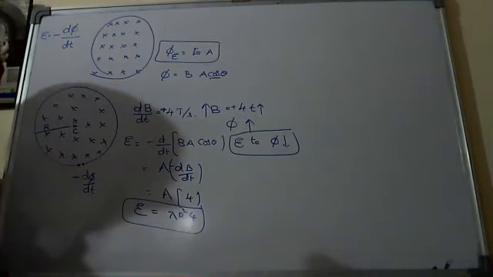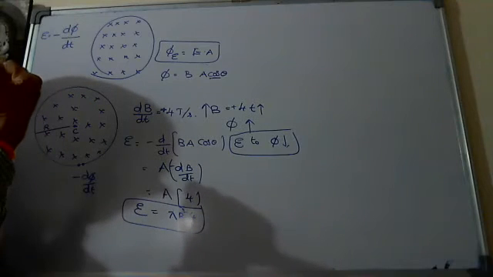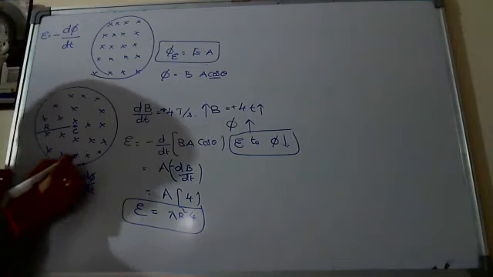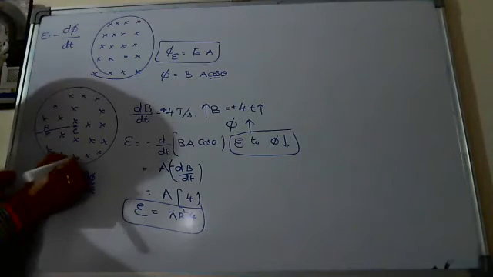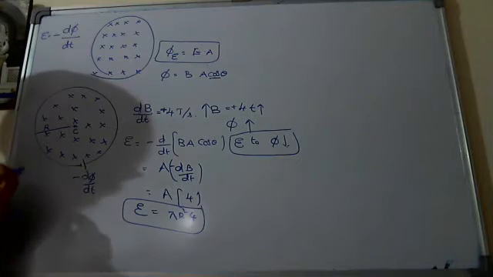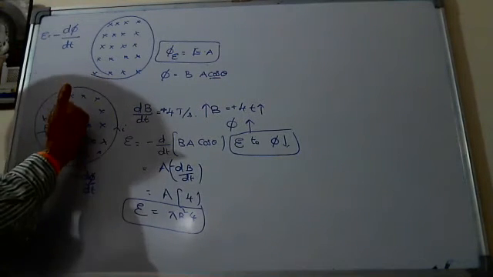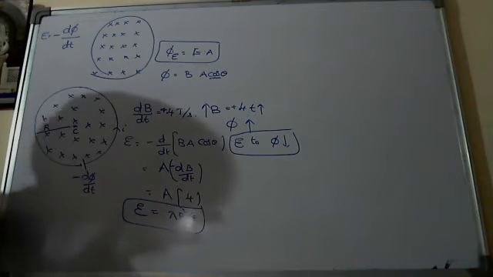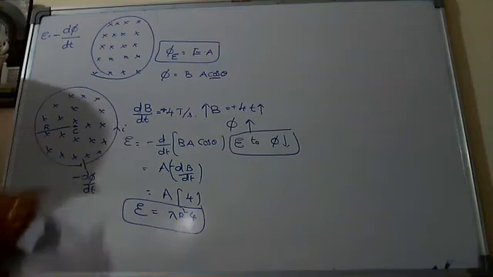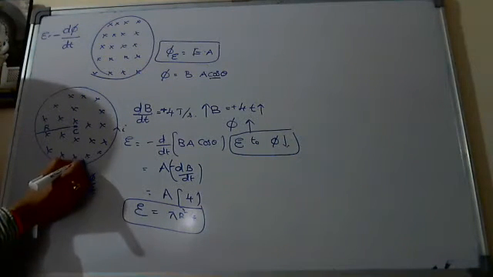So here I take the positive terminal like this and the negative terminal here. Then the current flows in this direction, and that induced current will create the flux in this direction. That's why, take care, which is at higher potential: it is negative here and that is positive.